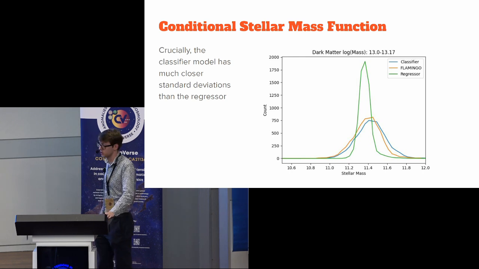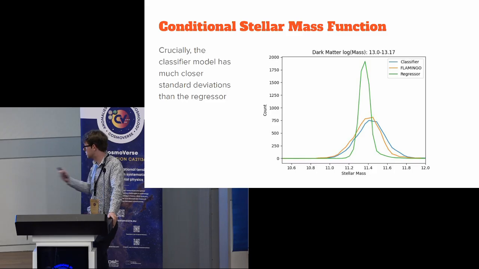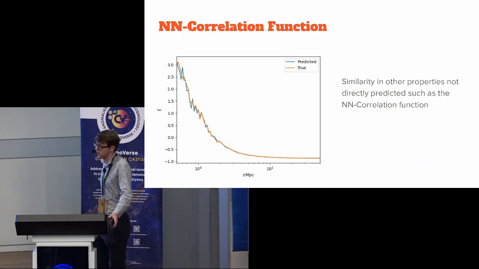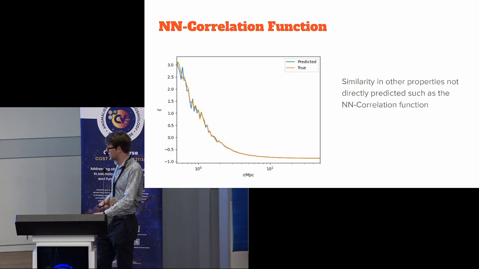So that's really encouraging, that what we wanted the model to be optimized for, it is able to reproduce. And as well, there's some other things that we get for free, like the NN correlation function, so effectively the probability of finding galaxies, just numbers of galaxies as a function of distance, of length scale, is recovered as well, so that's very good.